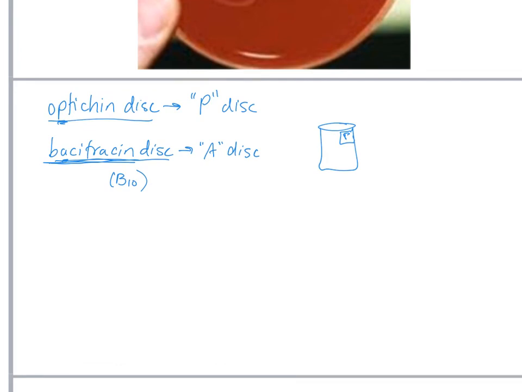Make sure that when you're testing Streptococcus, you don't use a B10 disc, because that's a different concentration of the antibiotic, and it will give you the wrong result. I forget which is more concentrated and which is more dilute, but you want to make sure you use that A disc because, again, it's a different concentration.